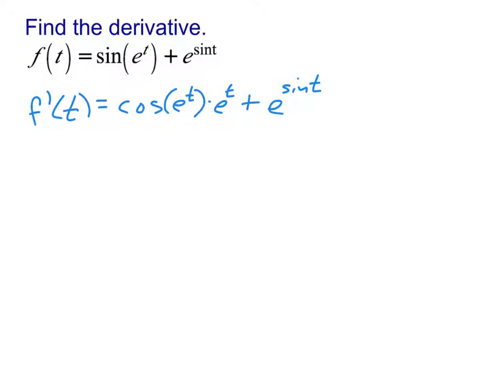And then I multiply that by the derivative of the inside function, which is sine t. Derivative of sine, remember we just talked about being cosine, so it's going to be cosine of t. And yes, we could maybe reorder it a little bit to make it look cleaner, but really this is a good answer as it is. So, final answer. Call it good.